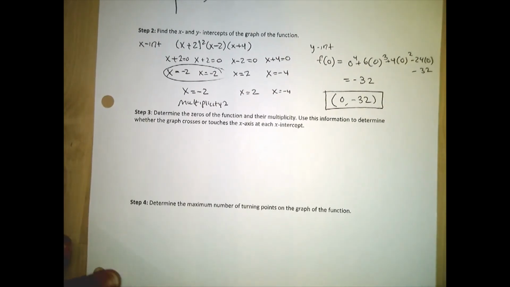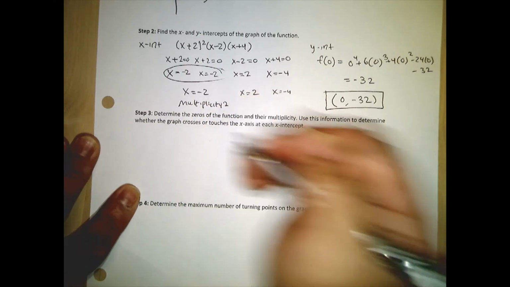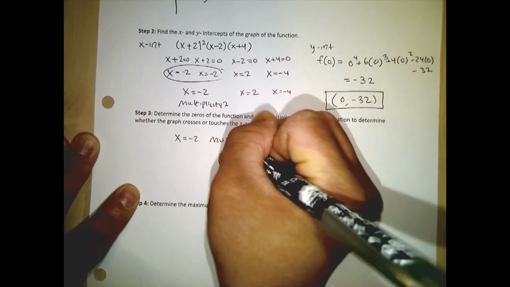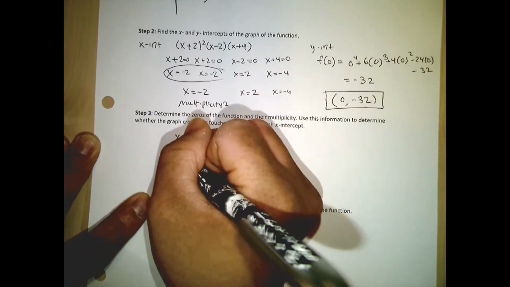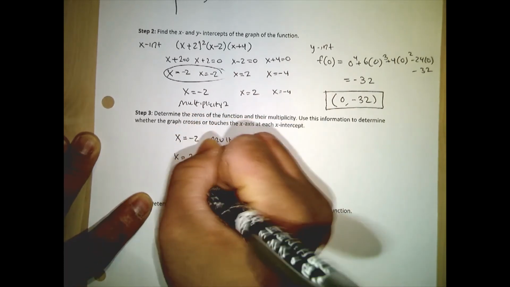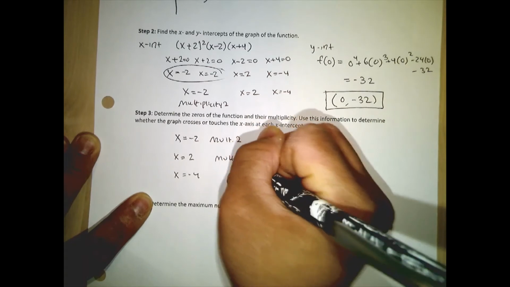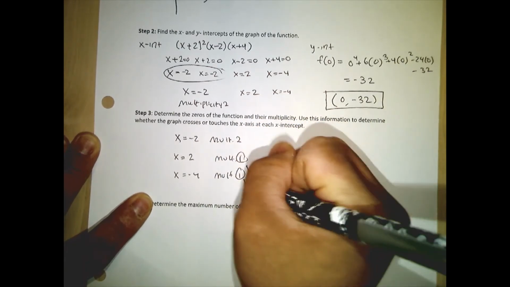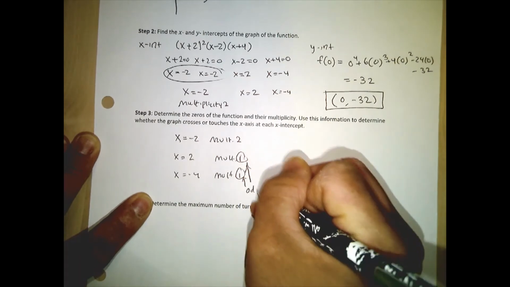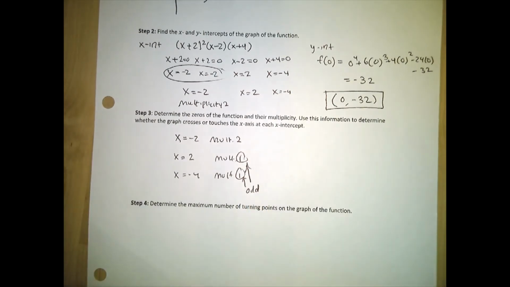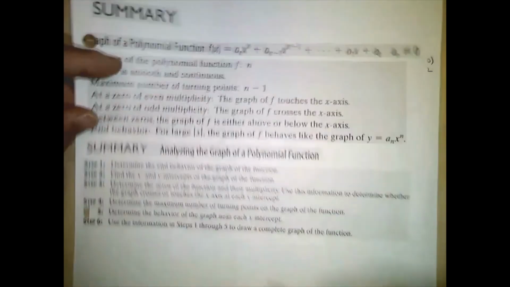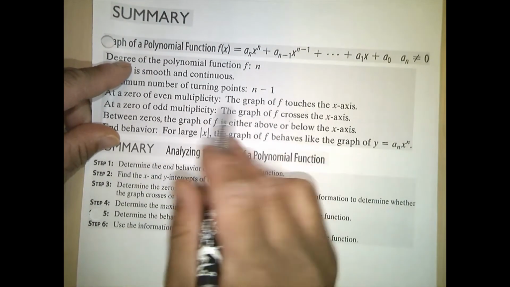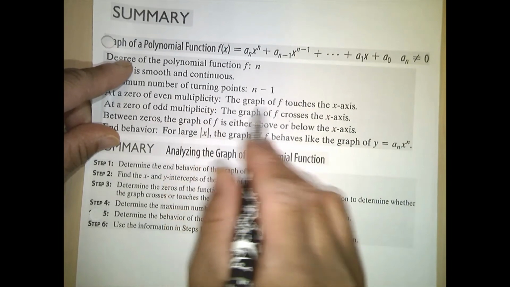So now we have x equals negative 2, multiplicity 2, and x equals 2, x equals negative 4, multiplicity 1, multiplicity 1. If these numbers are odd, I know we've talked about this before, but the graph of f will just cross the x-axis at those points, and if it's an even multiplicity, the graph will touch the x-axis.